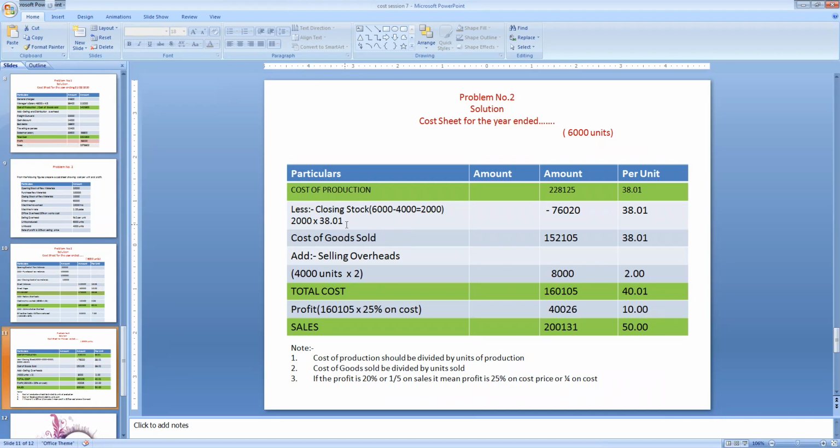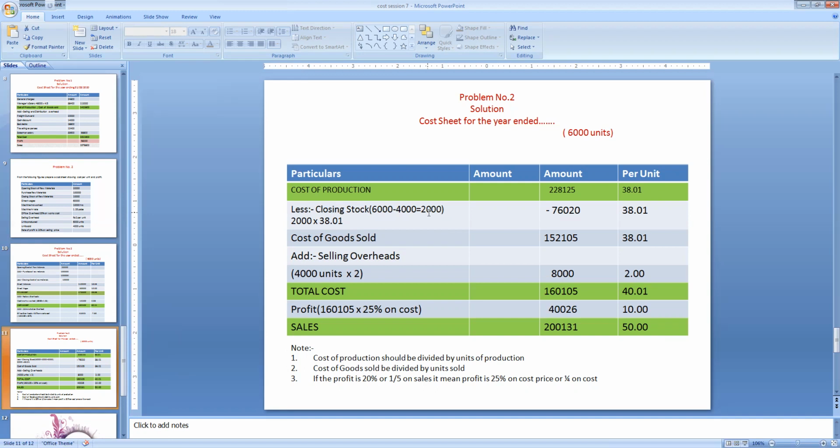Here there is no opening stock, so we have to deduct the closing stock value. Because the value is not given, we need to calculate it in units: production of 6,000 minus units sold 4,000, the remaining 2,000 units are the closing stock.